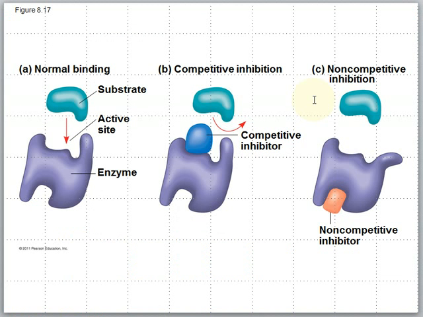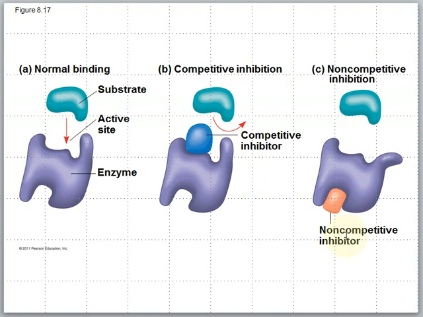Here we have a couple of models. Here we have our enzyme, and this would be our substrate, and this is the active site. This is normally what happens. That's good. That's what we want to see. Here we have two types of inhibition. Competitive inhibition is where some inhibitor has gotten in the way and kind of blocked the active site, so the substrate can't get in there.